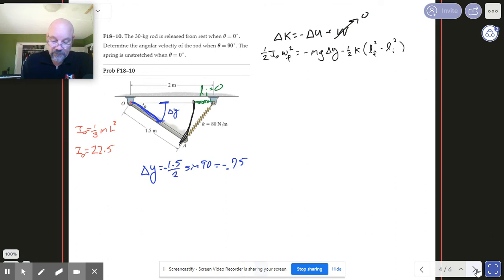Now, the actual length of it at that point, the rest length, we can know, and the rest length there is 0.5. Okay. We know that it's 0.5 because the rod's 1.5. The distance there is 2. So when that thing is folded up, it doesn't quite go all the way to completely collapse the spring.